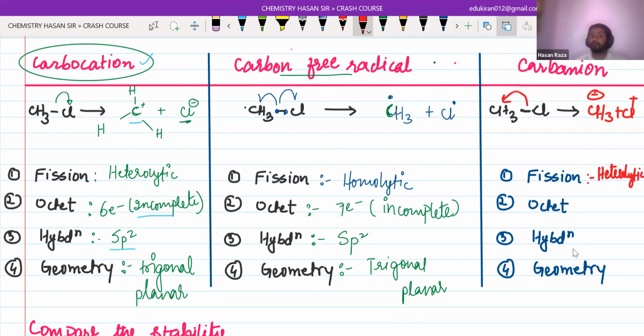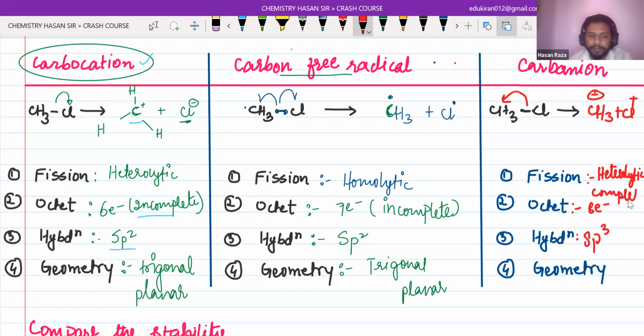Now what about hybridization? There is a negative charge, which will act as a lone pair, making 3 sigma bonds plus 1 lone pair, that means sp3. What about the octet? You can see 3 sigma bonds, 6 electrons, and 1 negative charge, that means 2 more electrons, so it is 8 electrons, a complete octet.